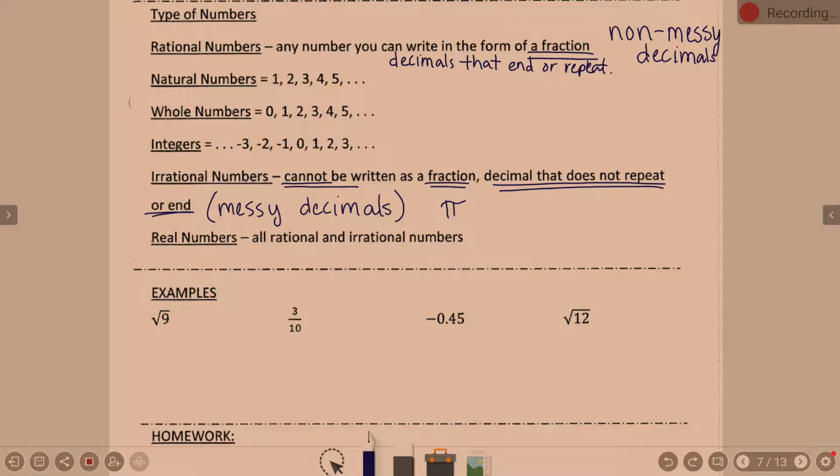Now, what we're going to do on the bottom part, on the examples. Basically we're not finding these, we're going to name which groups of numbers they belong to. Hold on, just let me teach for a moment, okay? I'll let you talk here in a moment.